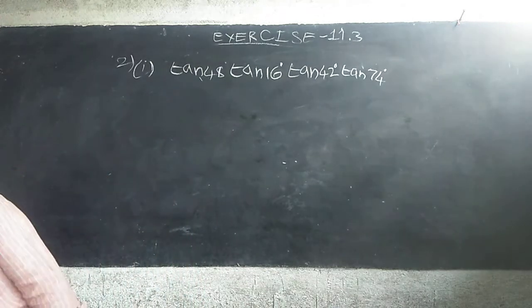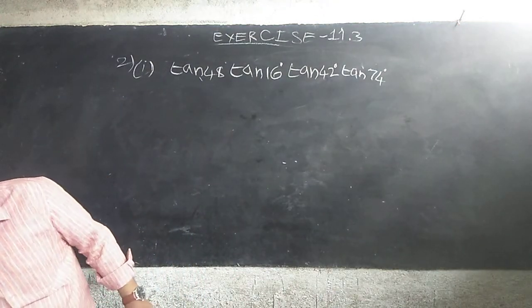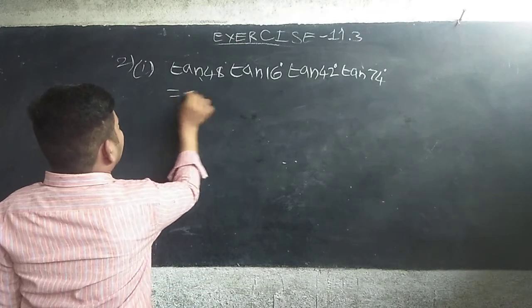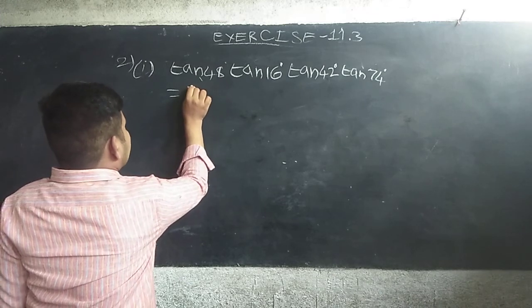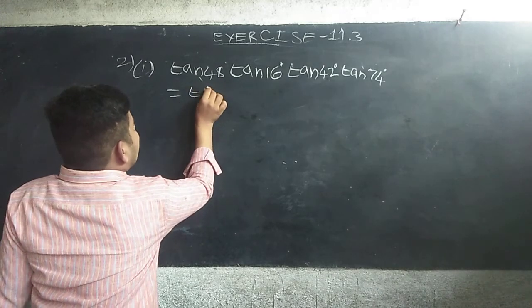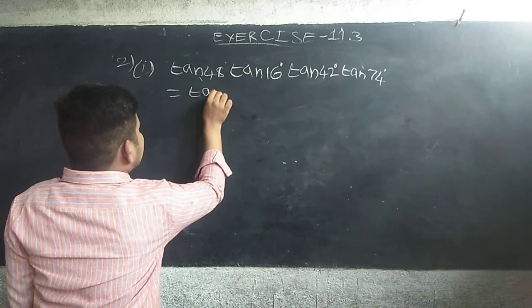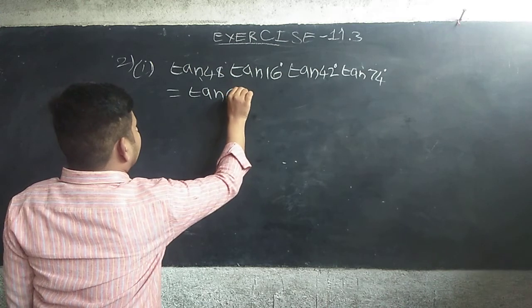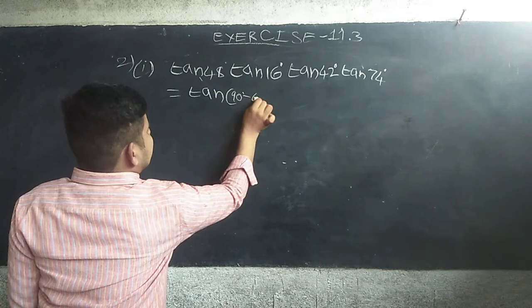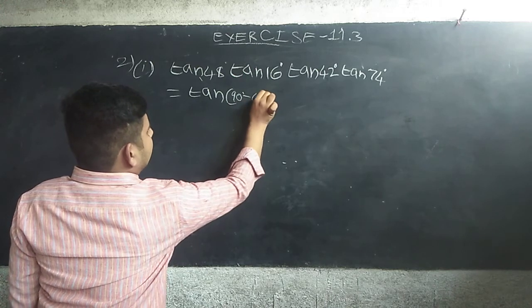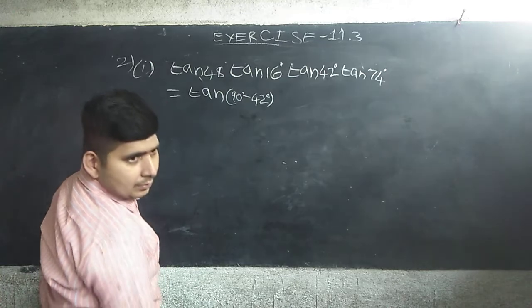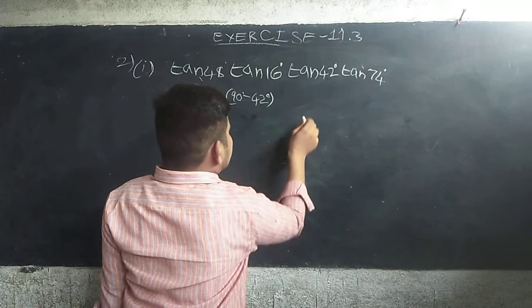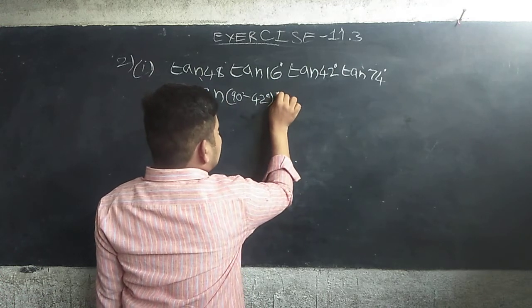Now, tan 48 degrees can be written as tan of 90 degrees minus 42 degrees, into tan 16 changing as tan of 90 degrees minus 74 degrees.